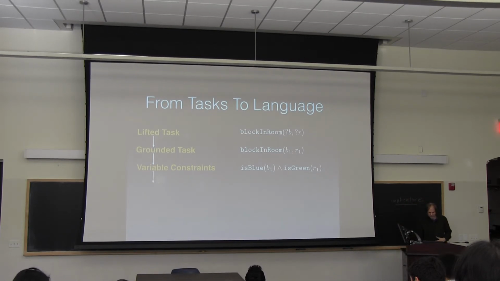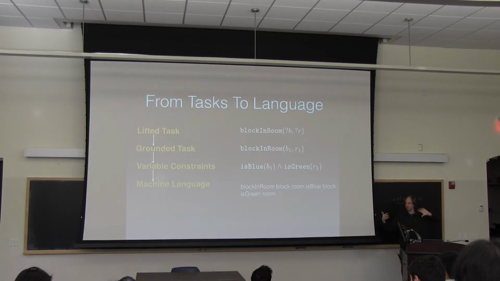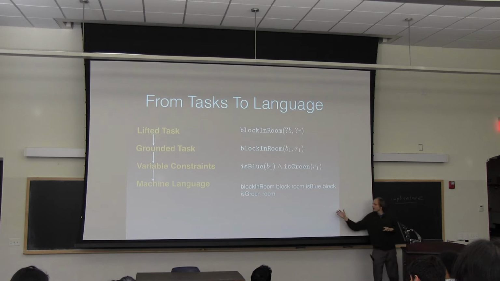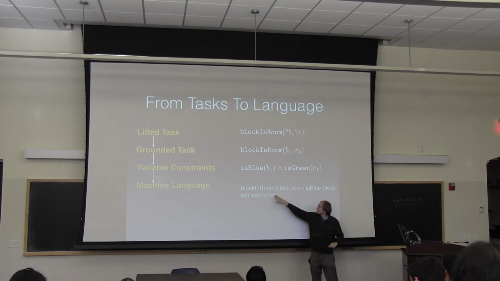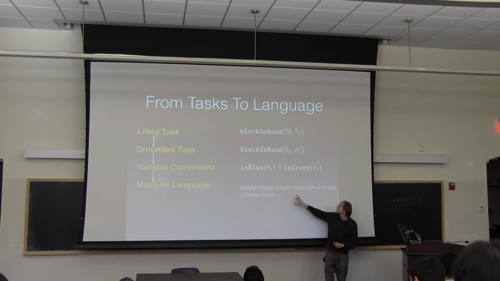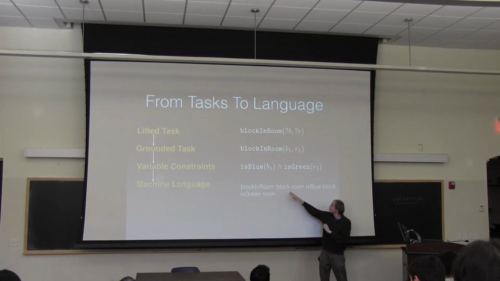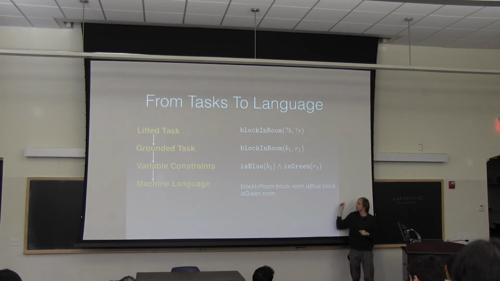And once we have these components, like the grounded task and the variable binding constraints, we can imagine constructing a machine language from them, right? We imagine that there's some machine language that spits out these words. It takes each of the names of these propositional functions, the classes they operate on, and spits them out into a sentence. So we have something like: block in room, block is blue, room is green.